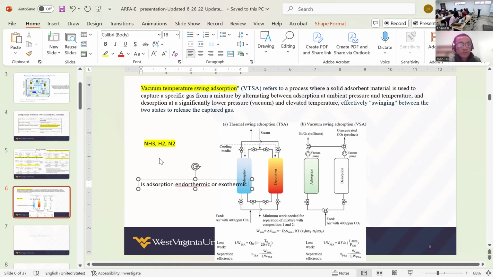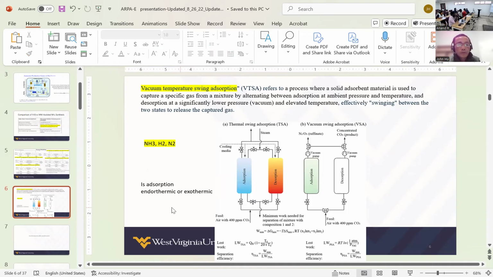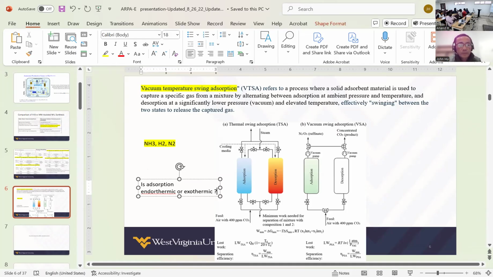Endothermic, sir. So adsorption is endothermic. Yes, sir. So that means endothermic needs heat. Are you sure?